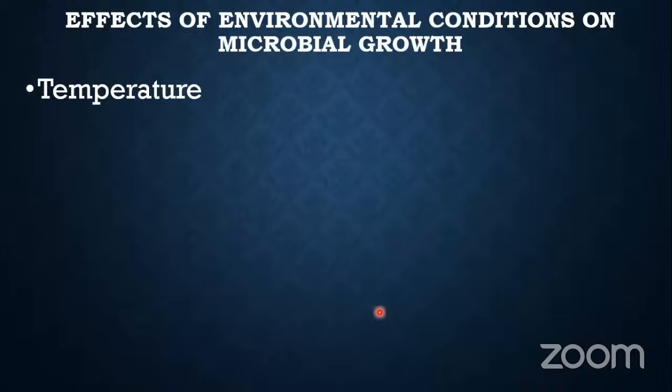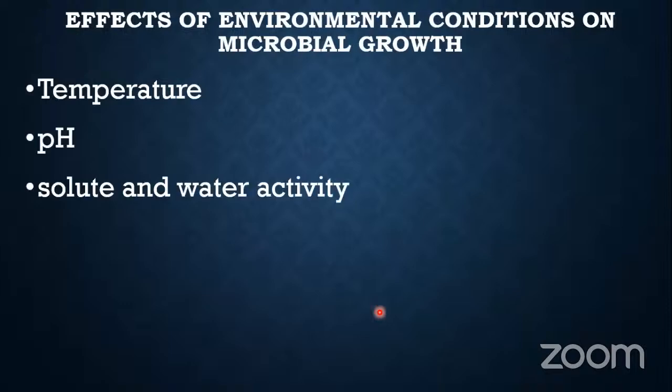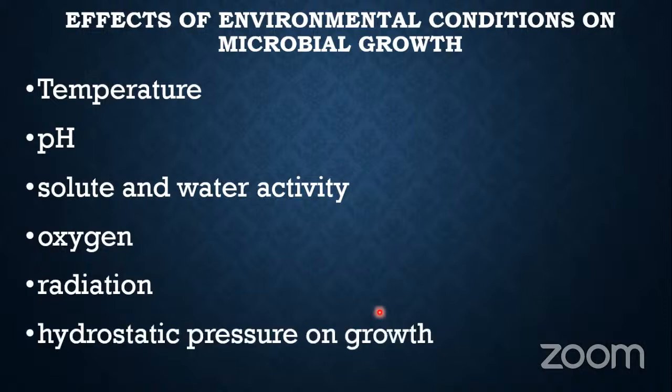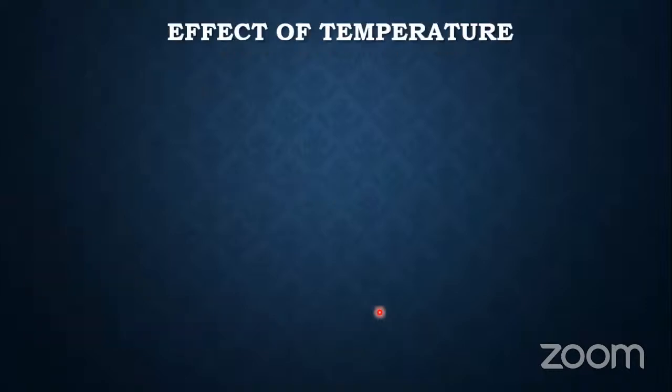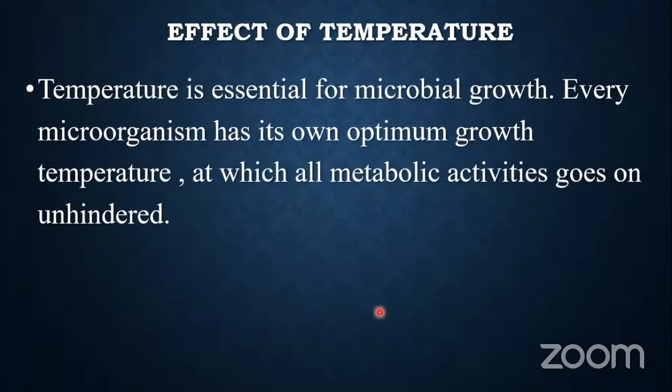So the effect of environmental conditions: we have temperature, we have the pH, we have the solute and water activity, we have the oxygen, we have the radiation, and we have the hydrostatic pressure on growth. These are different environmental conditions that have direct effect on microbial growth. So the temperature is essential for their growth.